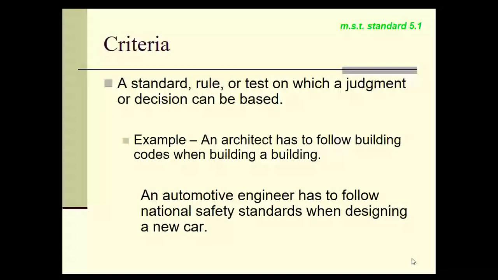For instance, an architect has to follow building codes when creating a structure, building a building. With this, that architect has to know those codes in advance. If they don't know the codes and they don't apply them, their design won't be functional and won't be usable in that community, which could create quite a big problem for the people that were paying the architect to do that.